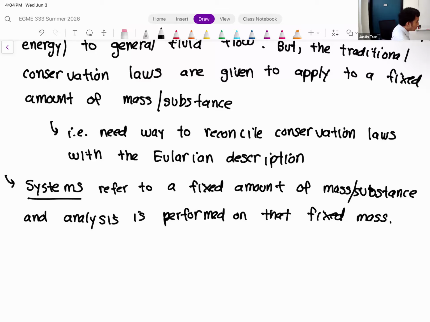A systems-type approach is typically what's done in solid mechanics. In solid mechanics, you have a fixed amount of mass, let's say a fixed amount of concrete or metal, and then you analyze it from that perspective. Systems work very well for solid mechanics because solids don't deform and flow like fluids do. A fixed amount of mass of solid will stay the same size and shape unless you really mess it up.